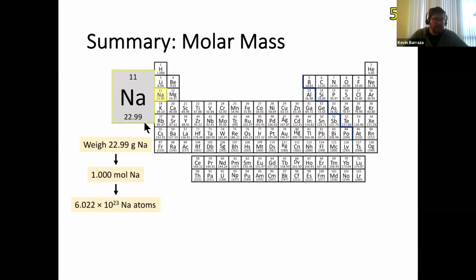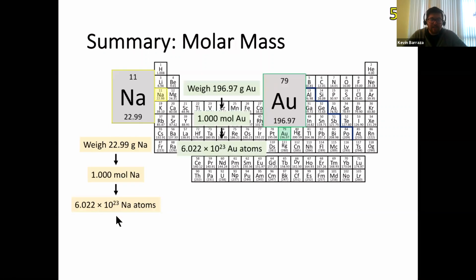But what it also means is that this is the molar mass of sodium. So if I weigh out 22.99 grams of sodium and I see that displayed on my balance, then I should have 1 mole of sodium atoms. And remembering how Avogadro's number converts them, I know I have 6.022 times 10 to the 23 atoms. So that's why this is a really nice conversion.